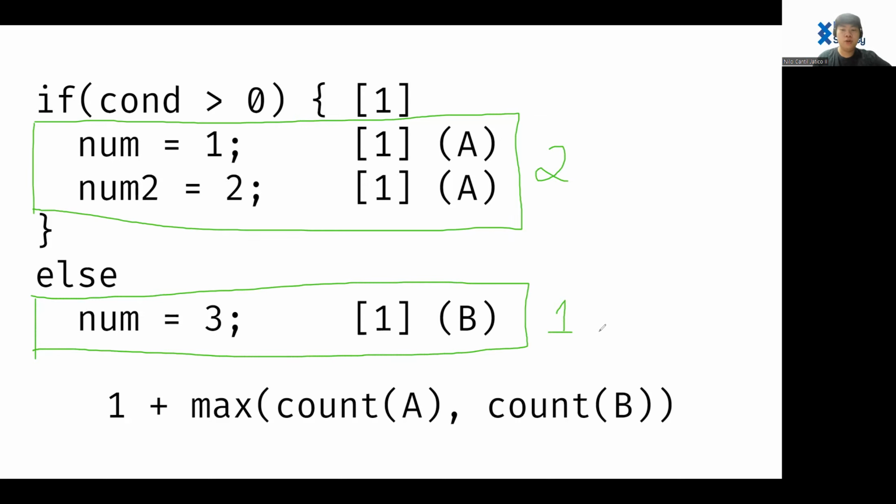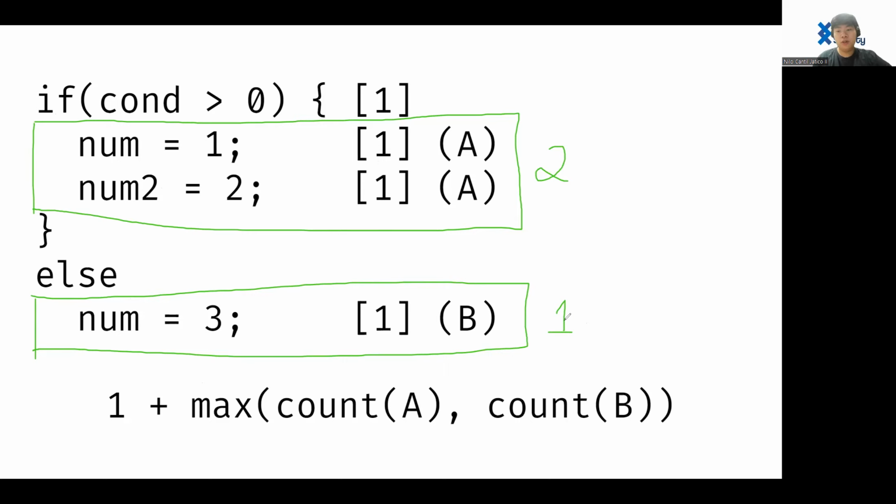Now, how do we solve for it? This time, you're going to be comparing which one is greater: the statements that fall under the if statement, or the statements that fall under the else statement. As you can see, we already solved for the values.